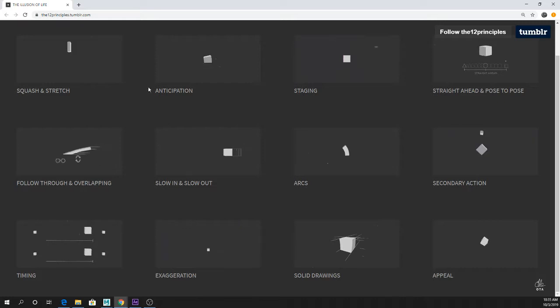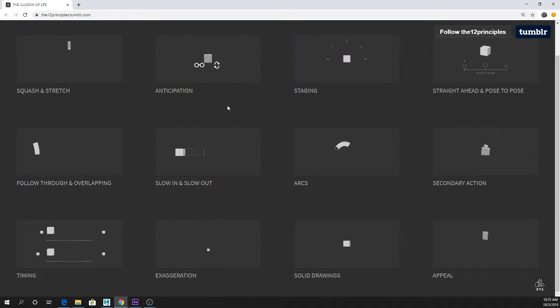And then anticipation. I think I mentioned this a little bit for some of the projects today, but that's something where if your character or your object is about to jump, it gets a little bit of a squish down before it jumps, to build up to that motion.